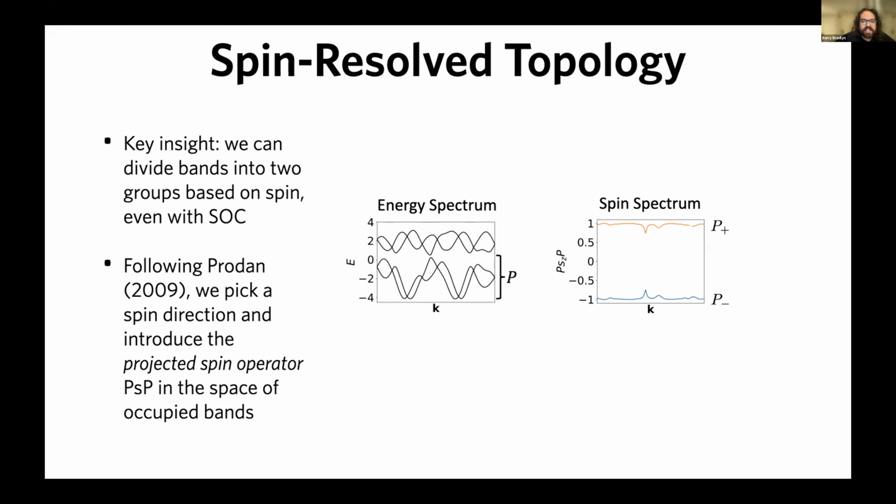And as long as spin orbit coupling is not so strong that these upper and lower spin bands touch, I can divide my occupied bands into the upper spin bands, the ones with eigenvalue closest to +1, and the lower spin bands, the ones with eigenvalue closest to -1.